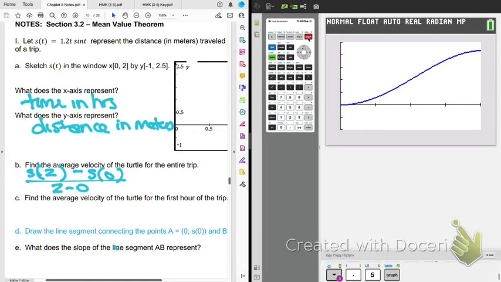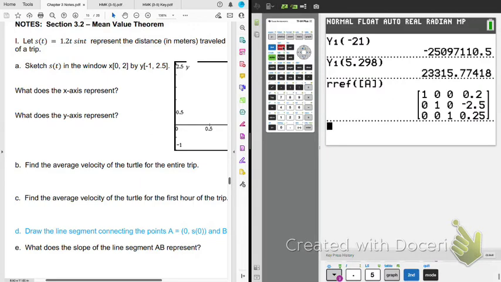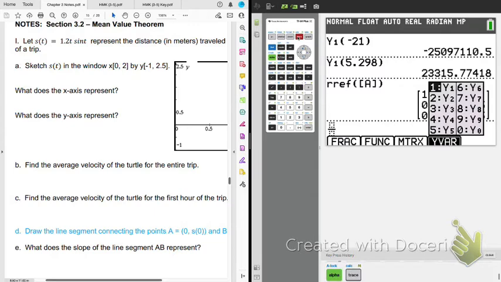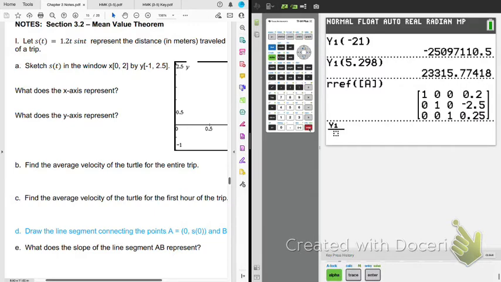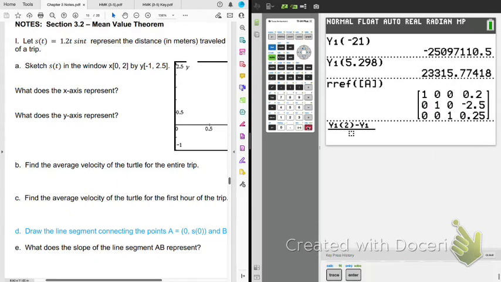Yeah? All right, so we're going to go back to our calculator. My calculator is giving me an error when I do y2 is 0. It's not y2. It's y1. All right, so we're going to go into our calculators. And we're going to use our fraction and do y1 of 2 minus y1 of 0 over 2 minus 0.